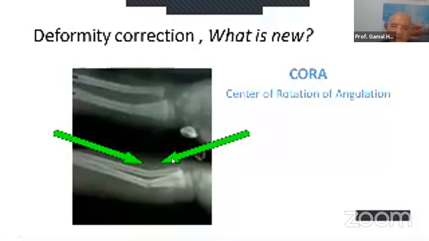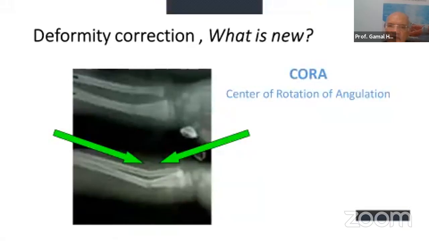And we put our two thumbs, distally and proximally, to correct the deformity. And in between, we create a hinge or an ACA. So we use a hinge, we use the CORA, and the fracture, the osteotomy. So actually, nothing new. It's just that we try to standardize the language of the deformity.